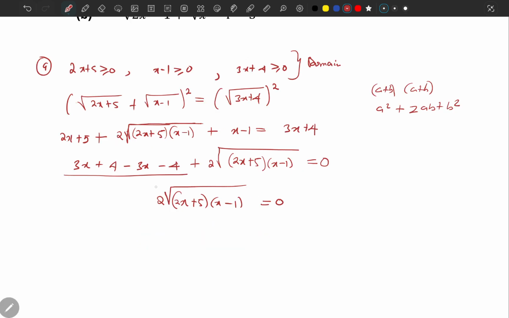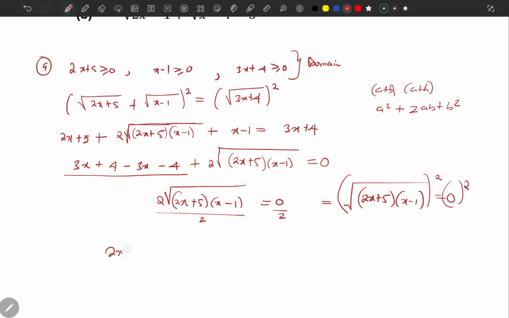Now again we square, or if you want, you can just divide by 2 throughout first. Dividing by 2 gives us the root of (2x plus 5)(x minus 1) equal to 0. Then of course we square both sides, and you just get 2x plus 5 multiplying x minus 1 equal to 0.